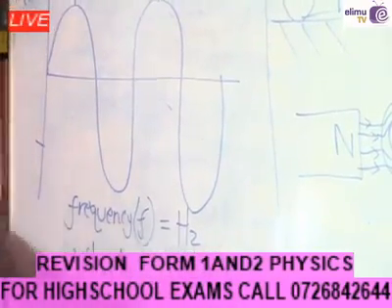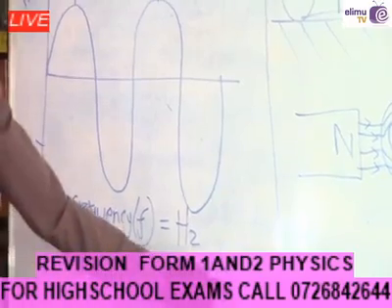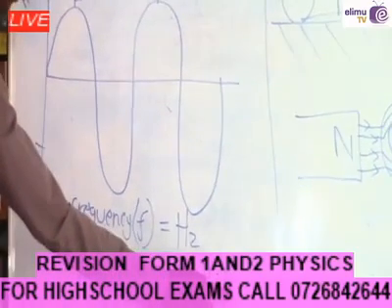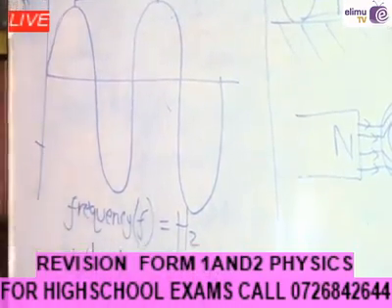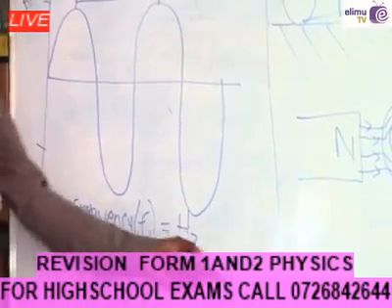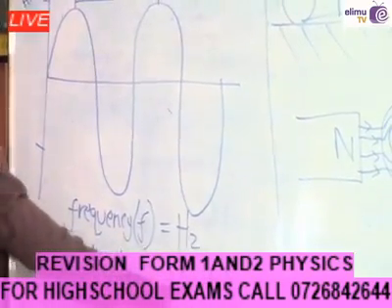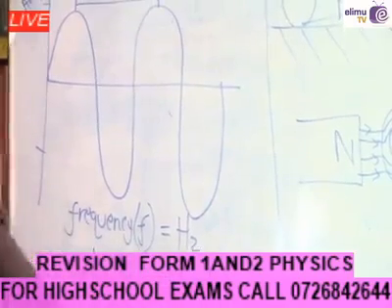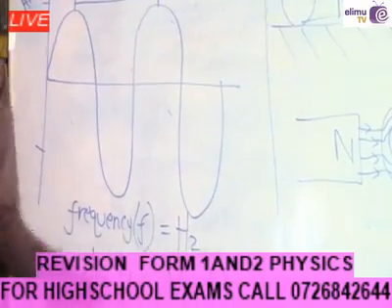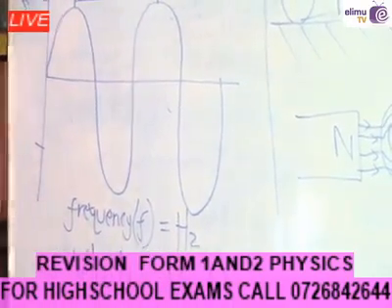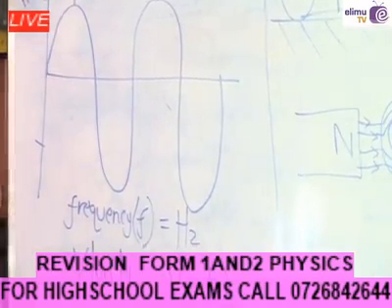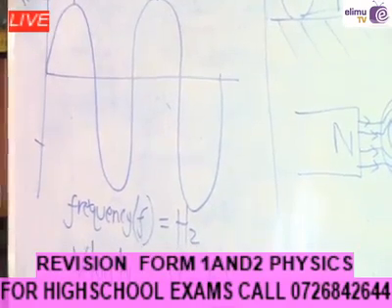F is the frequency, and for wavelength we normally use this sign, known as lambda. Lambda is the sign used for wavelength. So to calculate the velocity of a wave, take F multiplied by lambda, where F is the frequency and lambda is the wavelength.